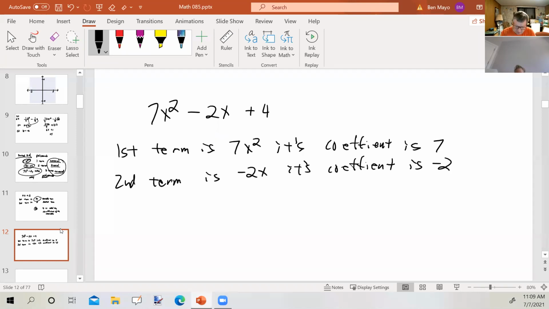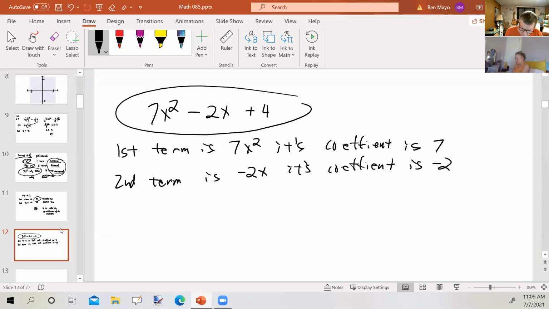Why is the second term negative 2x instead of 2x? Well, let's back up a little bit. I said that terms were separated by addition or subtraction signs. Technically, terms are separated by addition signs. So what does that mean? That means that if we wrote it in terms of addition, we'd have 7x squared plus negative 2x plus 4.